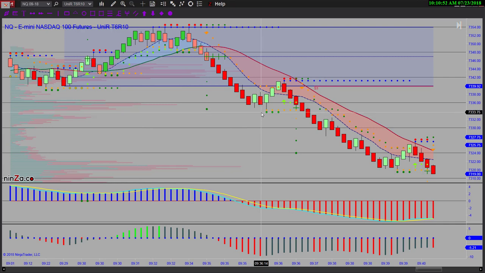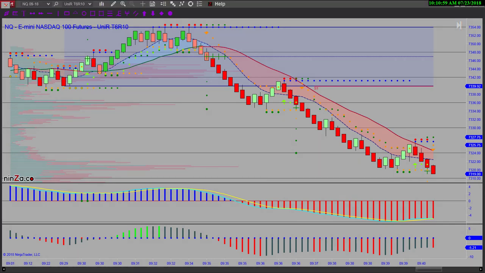Let me mark it up a little better than that, Steve. I like that setup right there because we got a break below here for a movement lower.